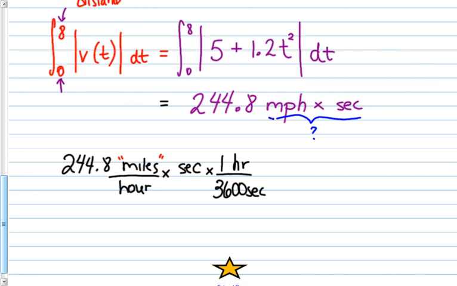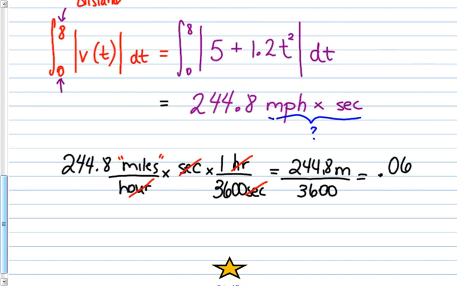So now we say bye-bye to seconds, we say bye-bye to hour, and we're left with 244.8 miles divided by that, and we get 0.068 miles. That is the distance traveled. Okay.